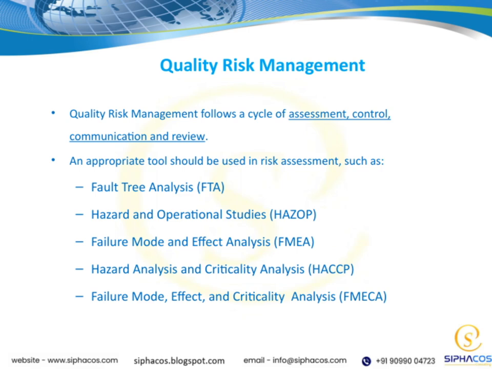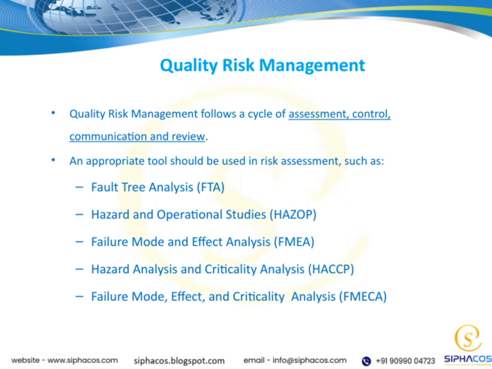When conducting risk assessments, it's important to use appropriate tools. For example, fault tree analysis, or FTA, helps us visualize the root causes of a potential failure. Hazard and operability studies, or HAZOP, focus on identifying operational hazards in a process. Failure mode and effect analysis, known as FMEA, systematically evaluates possible failure modes and their effects.